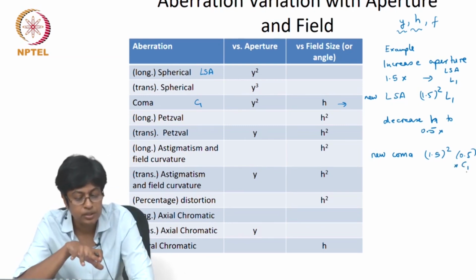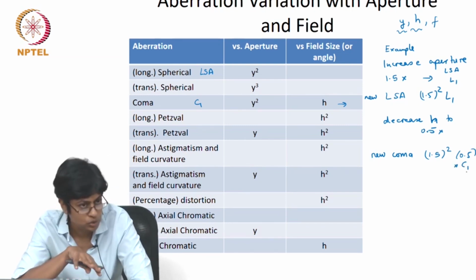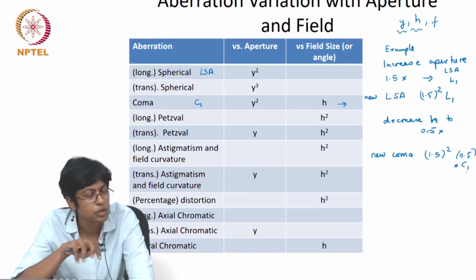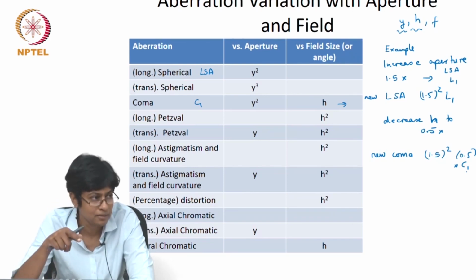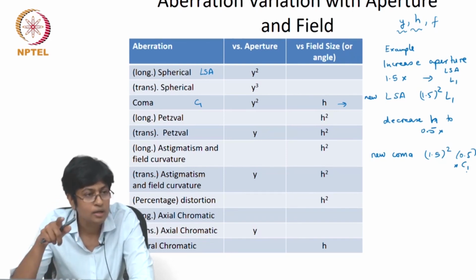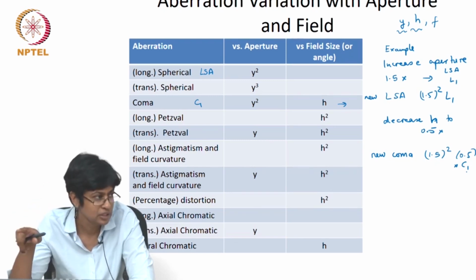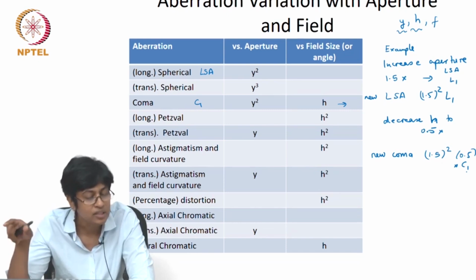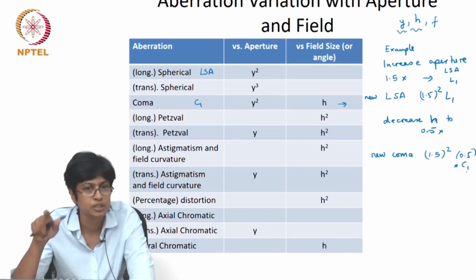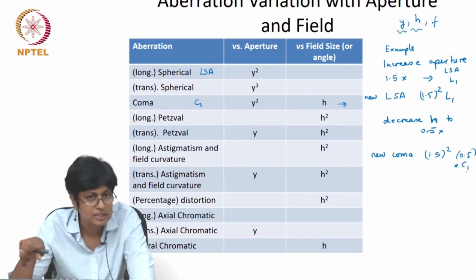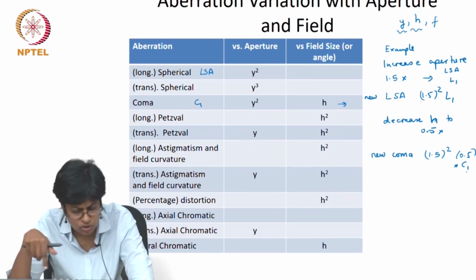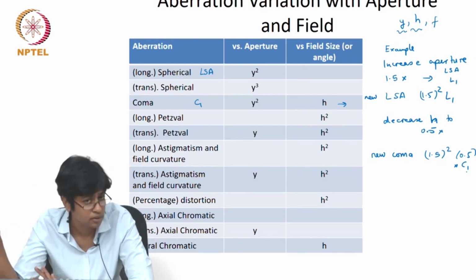So don't bother too much about this table, but I wanted you to always keep in mind that these things are not unrelated. You are arriving at the aberrations for a system given that you have a certain aperture, a certain field size, a certain focal length. You can also find out versus focal length and so on.